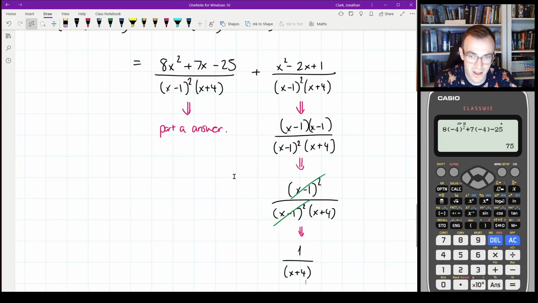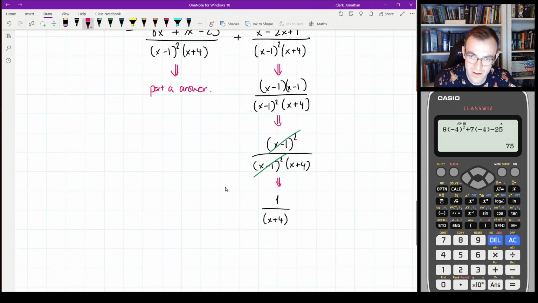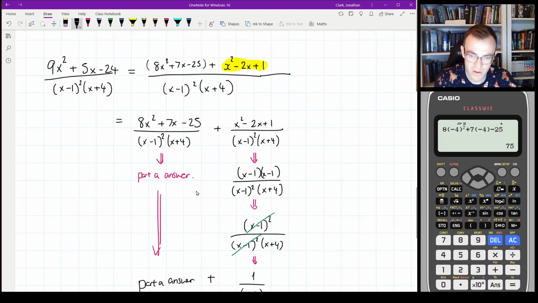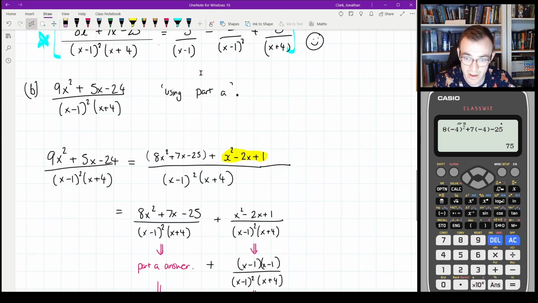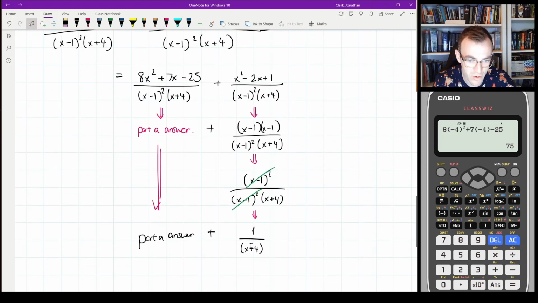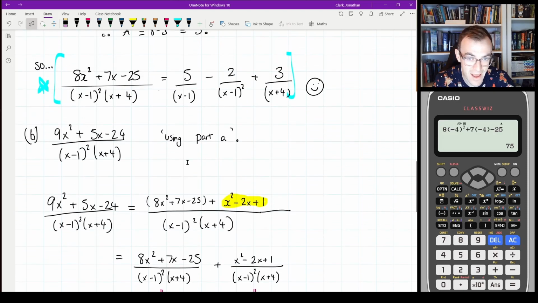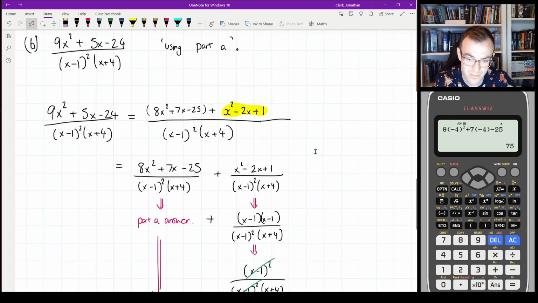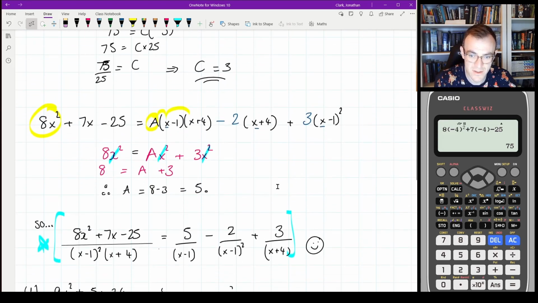Okay, so taking what we had for part A as well, essentially what we've got here is the answer to part A, except we've got 1 over x plus 4 extra. So I'll take this answer, but I'm going to have an extra 1 over x plus 4 at the end of it. So part A's answer was this.